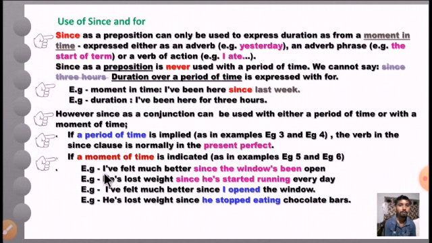Moment of time, a period of time and moment of time. I have felt much better since the window being open. And here is the second one. He has lost weight since he started running every day. I have felt much better since I opened the window. He has lost his weight since he stopped eating chocolate bars.